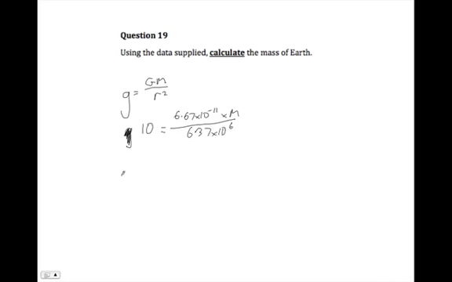So we times both sides by 6.37. That's got to be squared. Ooh, almost made the mistake there. 10 equals 6.67 times 10 to the minus 11 times M divided by the square of 6.37 times 10 to the 6, which is 4.06 times 10 to the 13.